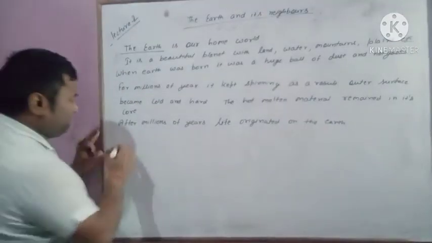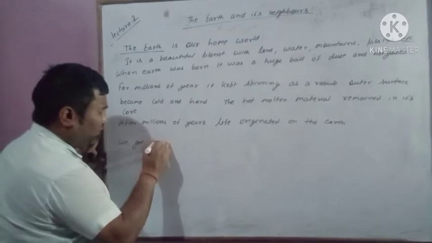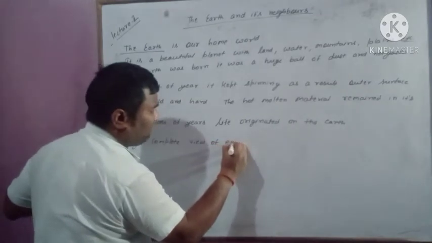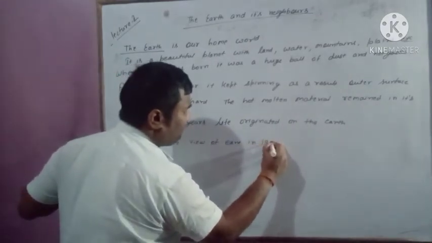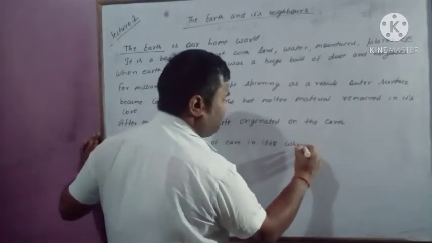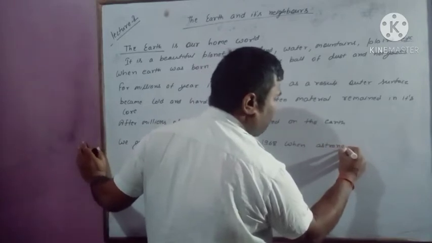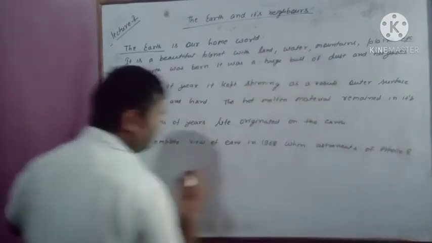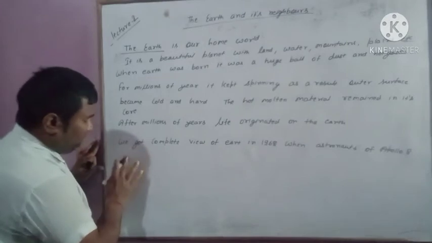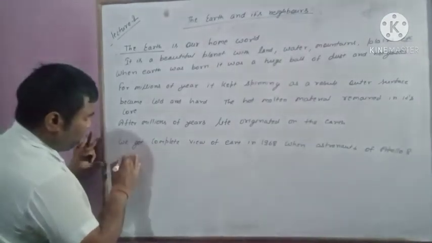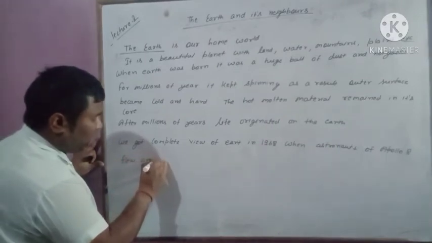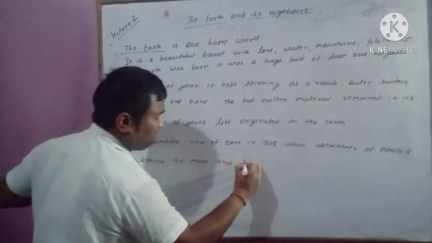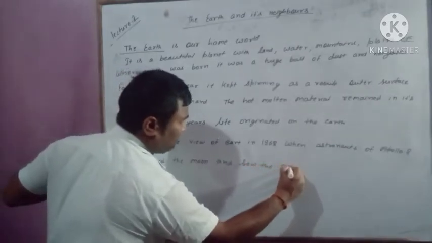We got complete view of earth in 1968 when astronauts of Apollo 8 flew around the moon and saw the earth.